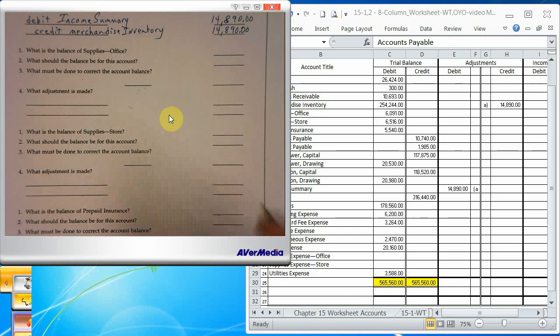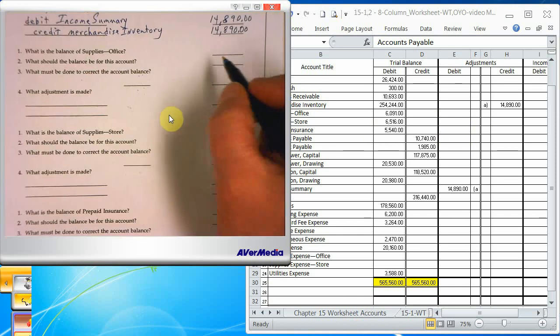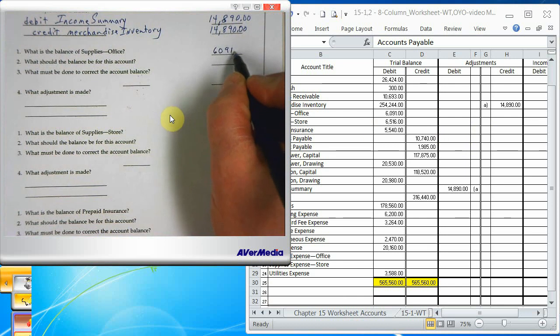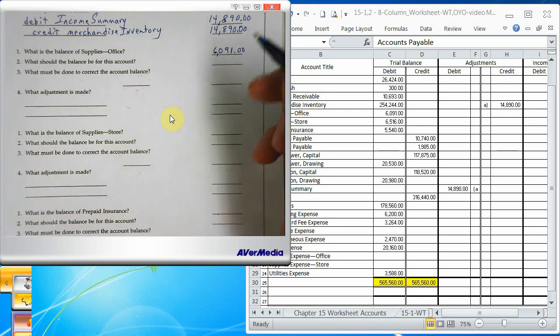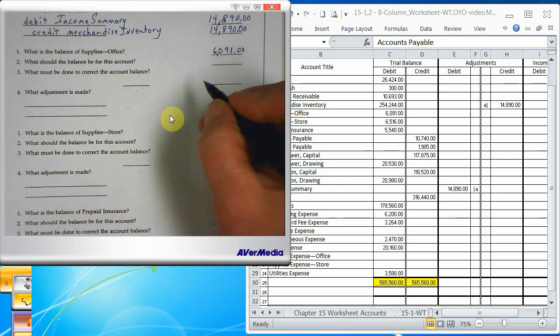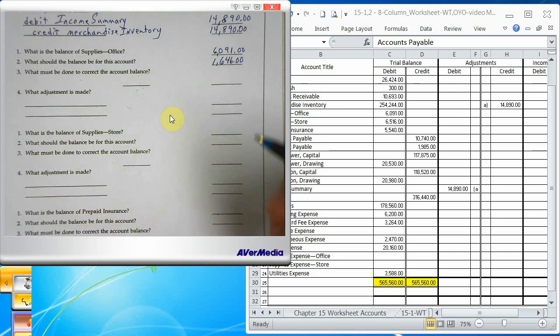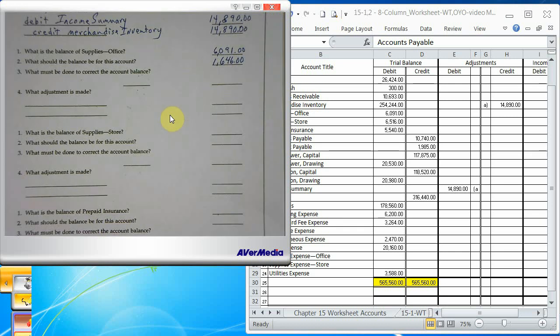Let's go ahead and do that together now. What is the balance of the office supplies? It tells us our balance, and we use that at the beginning of the year. It's $6,091, and it gives us a current balance of $1,646. And what is the difference, we might ask?